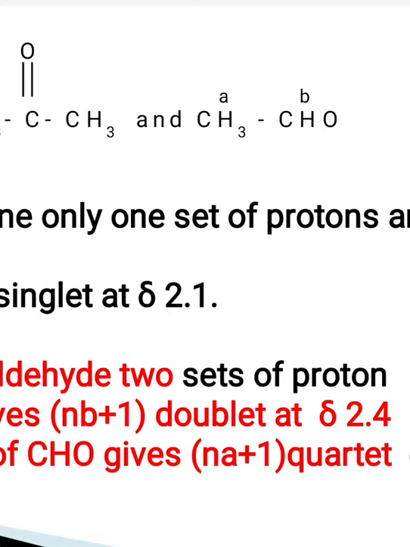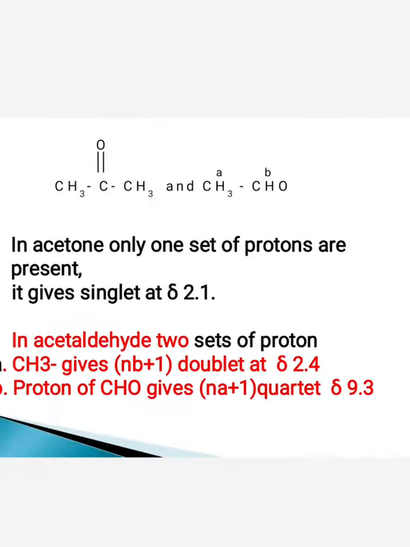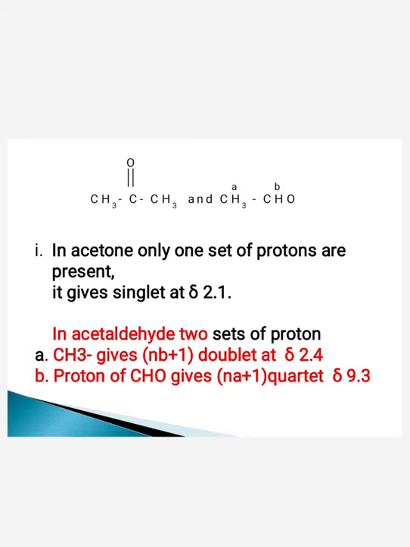For CH3, the number of lines equals Nb plus 1. The Nb means the total number of Nb protons, which is 1. 1 plus 1, we get a doublet at del 2.4 for the A set of proton or for CH3. And for the B set of proton we get Na plus 1, that is 3 plus 1, a quartet at del 9.3. In this way we can distinguish acetone from acetaldehyde.